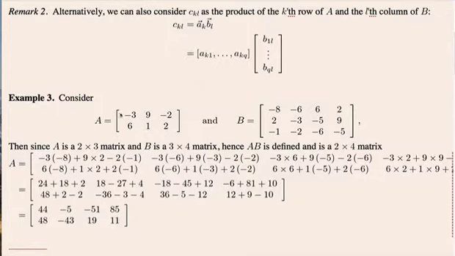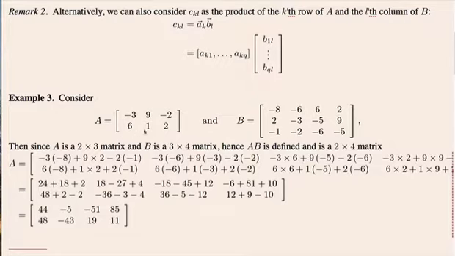The 1,1 entry, first row, first column: minus 3 times minus 8, plus 9 times 2, minus 2 times minus 1. Then the first row, second column gives us the 1,2 entry: minus 3 times minus 6, 9 times minus 3, and minus 2 times minus 2. And so on.